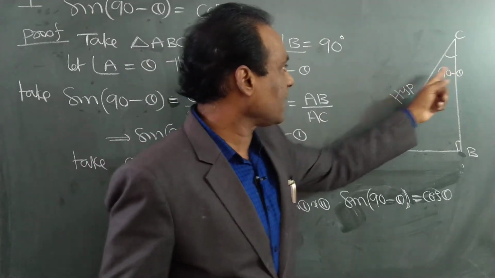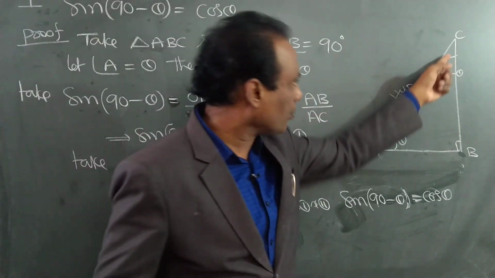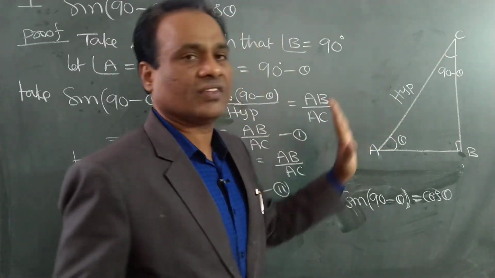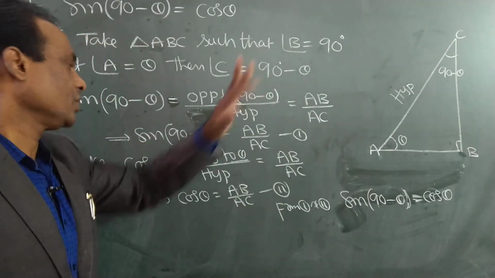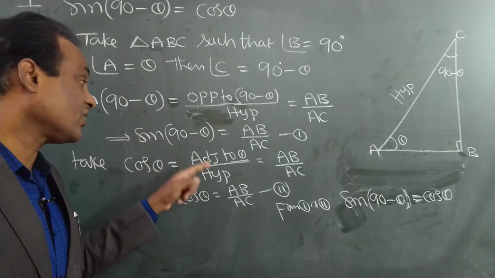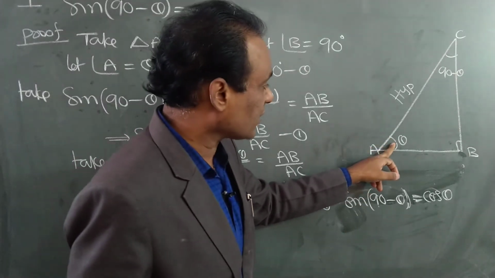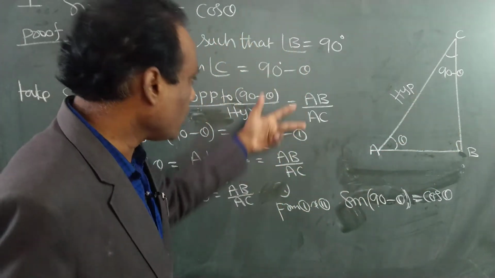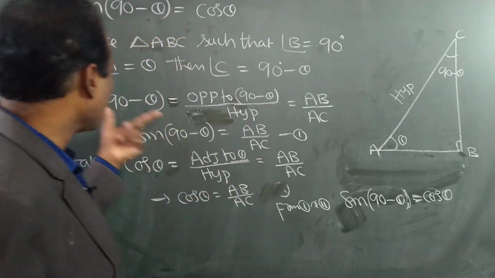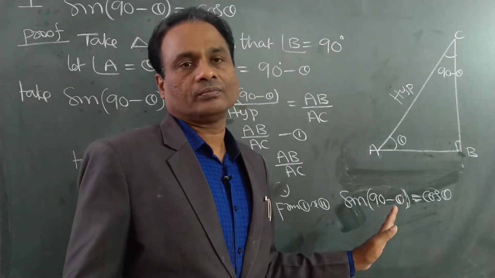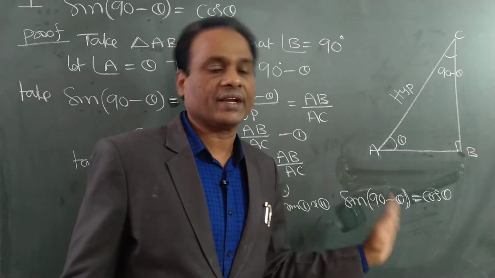For this 90 minus theta angle, the opposite side is AB, by hypotenuse AC. Now the right hand side, cos theta: adjacent by hypotenuse, AB by AC. So both are AB by AC. Sine 90 minus theta is equal to cos theta. Proved. This is one important formula, write it down.